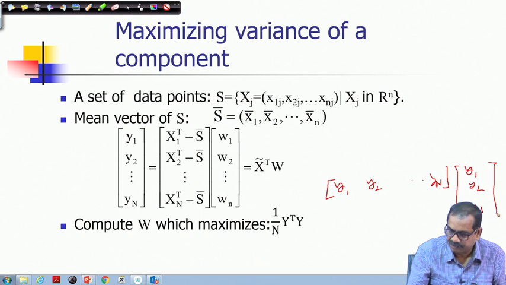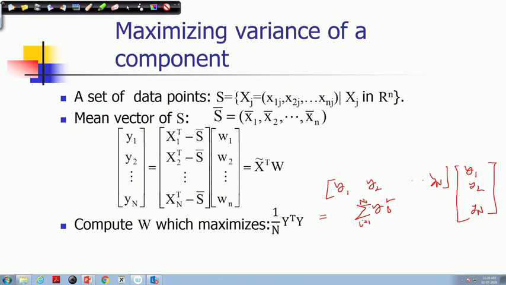So, this is the magnitude of this vector, that would be the sum of y_i square, i equal to 1 to n, and we are taking the mean of it, which is the variance of this value. If I consider the mean of these y's, y bar, which is 1 by n sum of y_i, that should be equal to 0, because it has been translated to the mean.